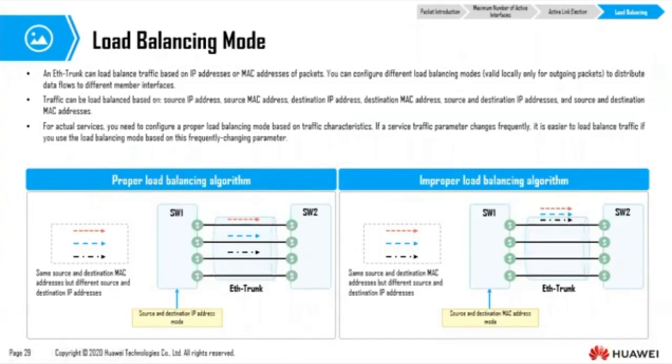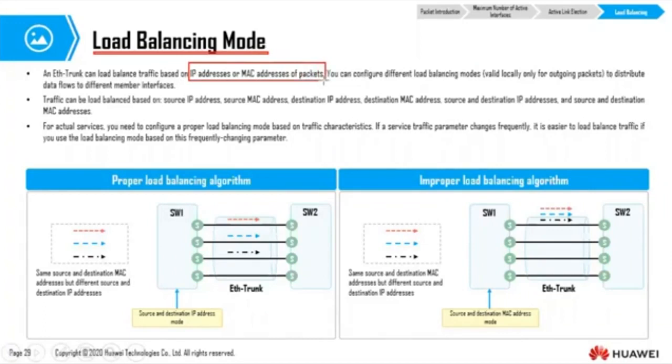The load balancing mode. So an Eth trunk can load balance traffic based on IP address or MAC addresses of packets.